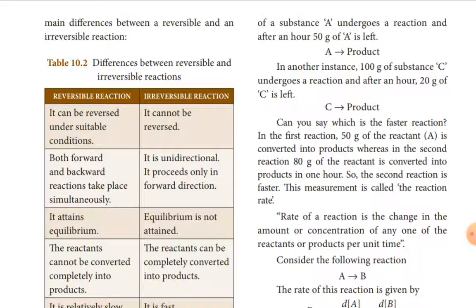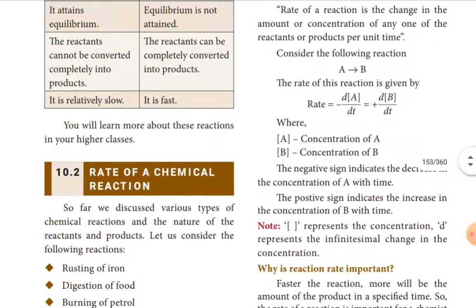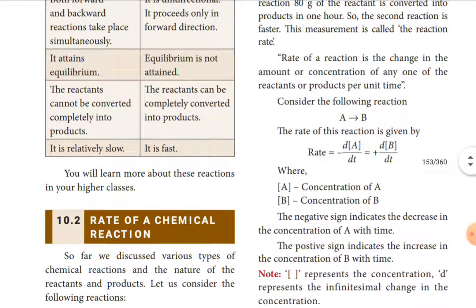The reaction rate is the change in the amount or concentration of any one of the reactants or products per unit time. And here a simple illustration is given. A is the reactant and it decomposes to give the product B. There is a formula to calculate the rate of a reaction.